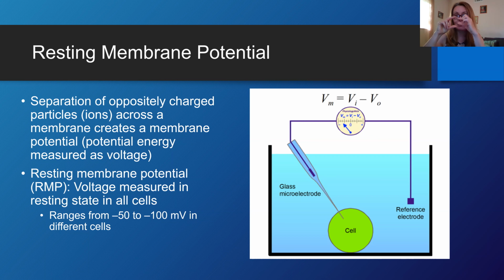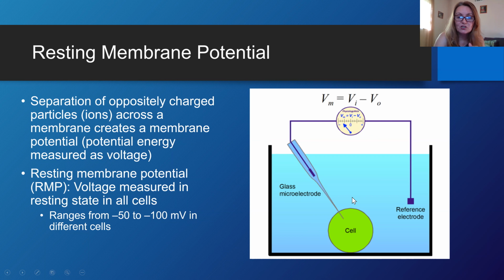So you have a separation of charges, and because you have separation of charges, this battery carries potential energy. Now you can use this energy if you connect the ends of the battery, and you can use it to power your computer or your remote and so on. So the same happens with your cells.